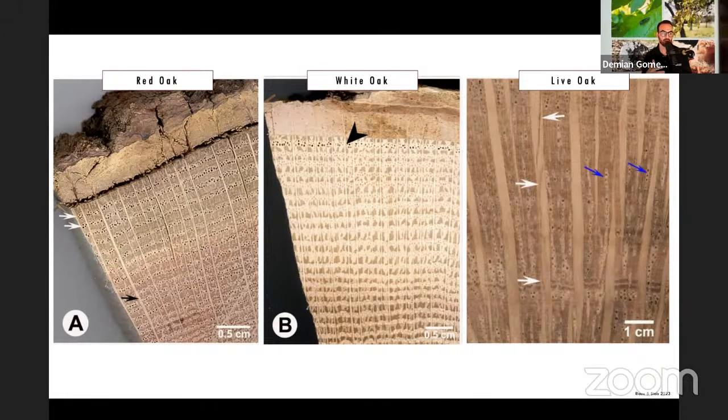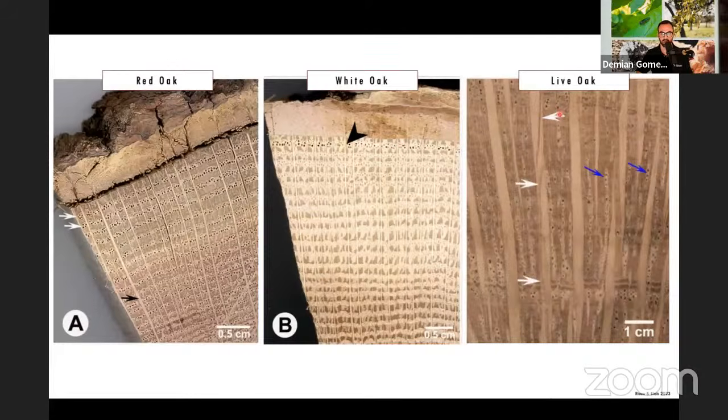So if you look at the red oak, for example, most of the early wood vessels seem to be open, including several of these outermost growth rings, right? So all of these are very open, and the fungus can move freely around there. But if you look at the white oaks here, early wood vessels are actually occluded, except for those in the most recent growth, right? So basically the fungus has very few places to move around.